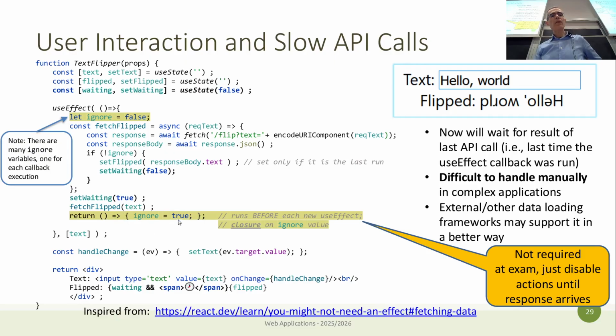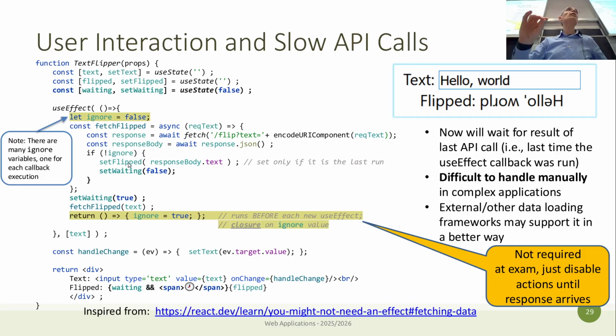There's a set of the ignore, this callback has already been executed, and there is another callback to be executed. Before running the new callback, the cleanup function of the previous callback will be executed. So this ignore is set to true, and it makes the previous callback of the useEffect skip the set flipped.